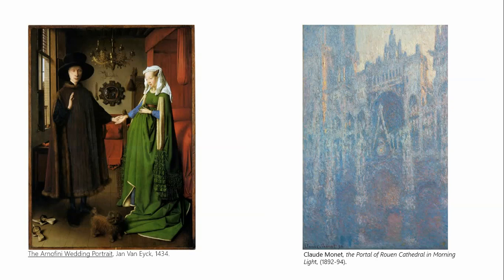The value range in the Monet is quite narrow, and the darkest dark, right, is probably about this color, and the darkest value in the painting is still significantly lighter than a mid-gray, whereas the range, the difference between the lightest light to the darkest dark is much wider in the Van Eyck.